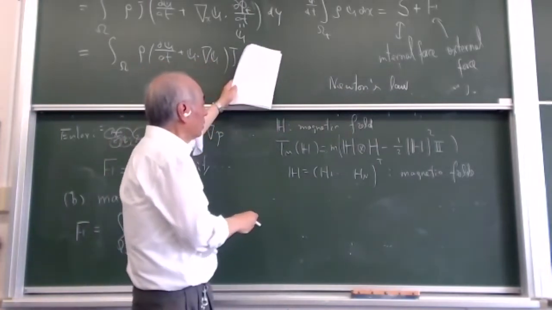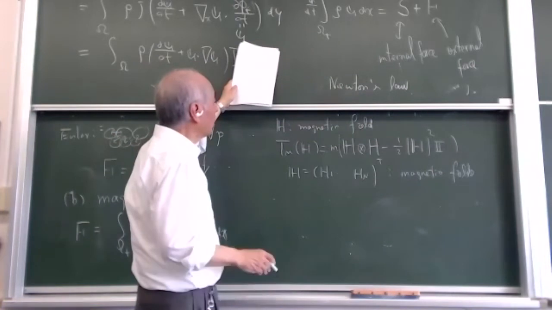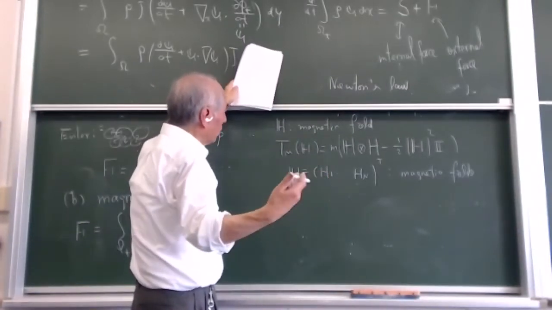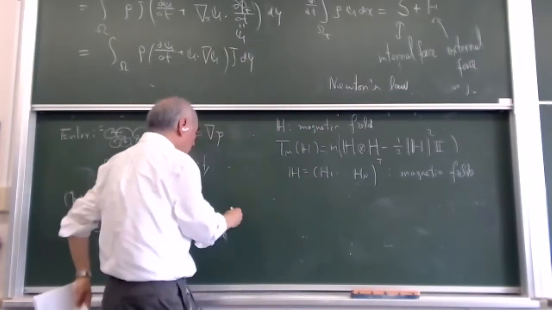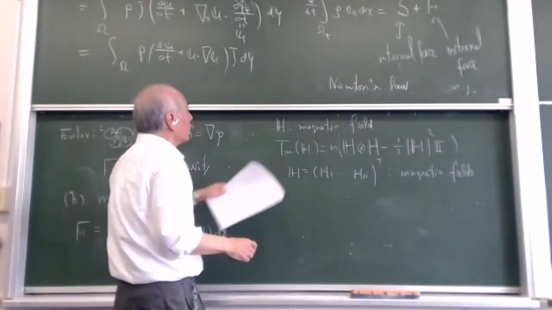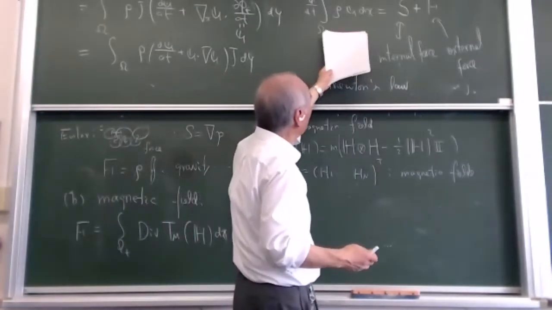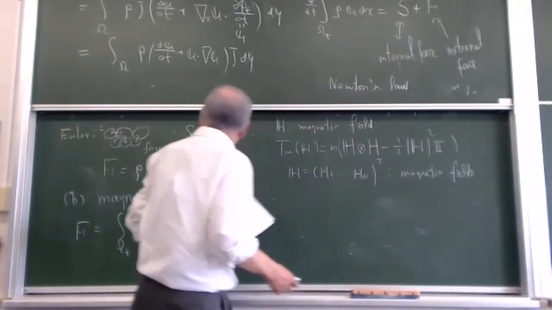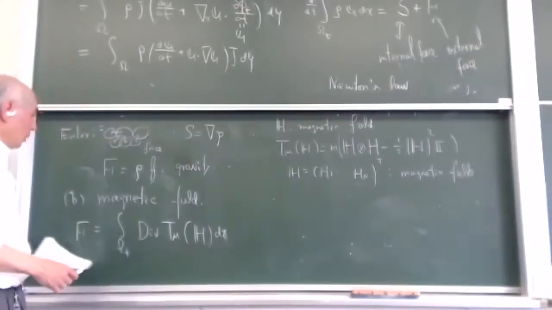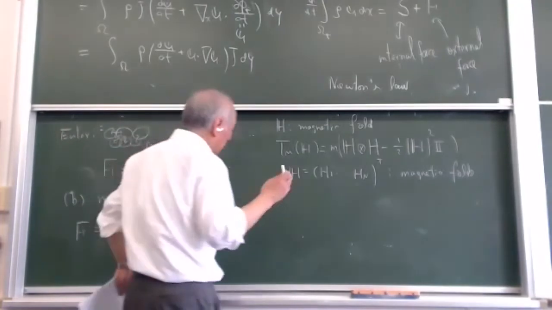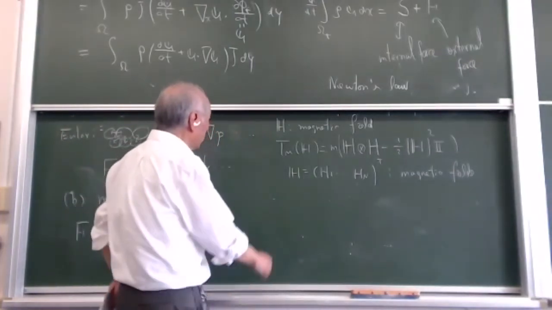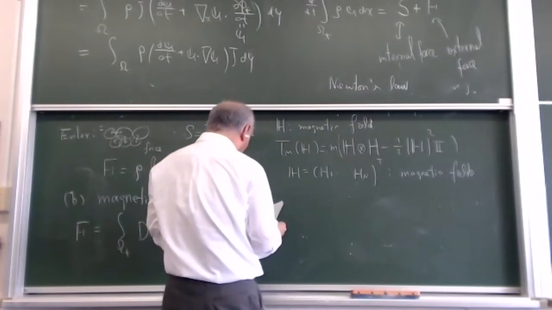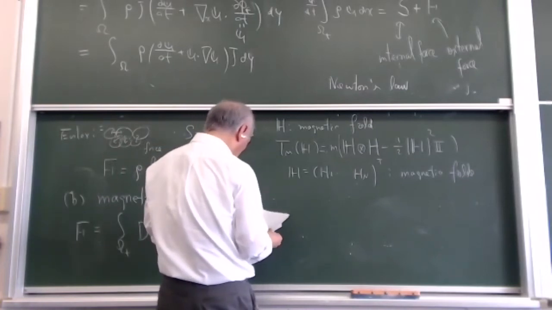If we consider a magnetic fluid, for example the motion of water but with some magnetic effect, then you have to consider more equations. In this case F is given this way. As usual, I don't know how to derive it. And H should satisfy some magnetic conditions.